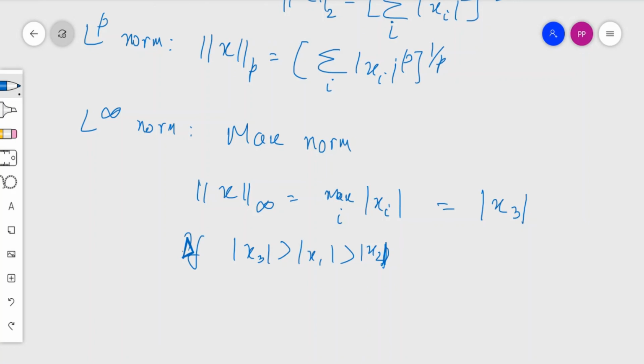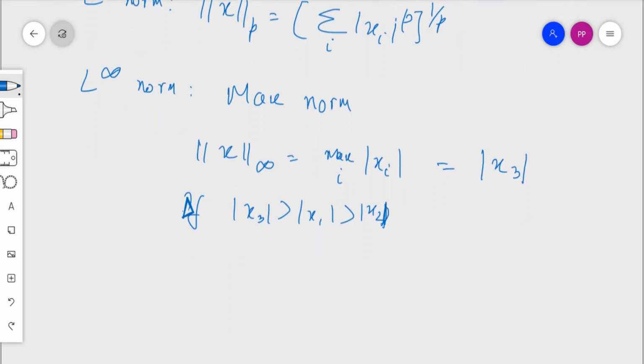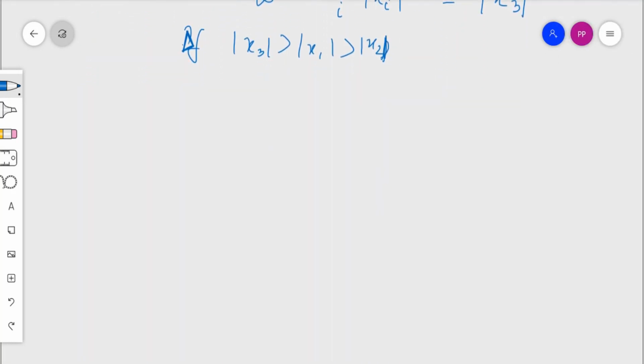The next norm we should consider is analogous to the L2 norm, but instead of vectors we will work on matrices. That is called the Frobenius norm. Keep in mind that the Euclidean norm is used for vectors and the Frobenius norm is used for matrices.